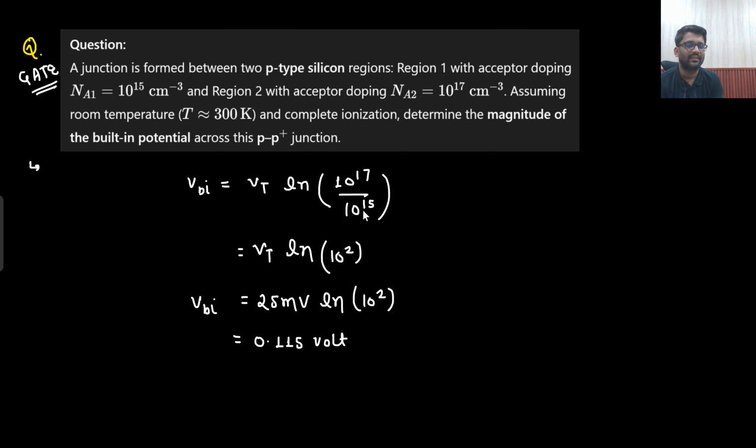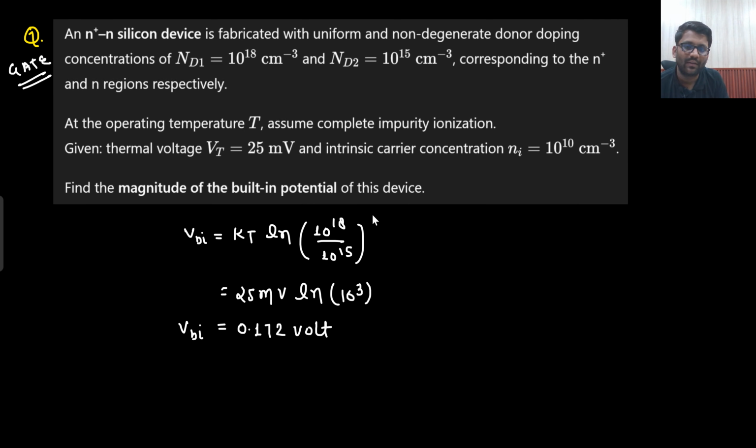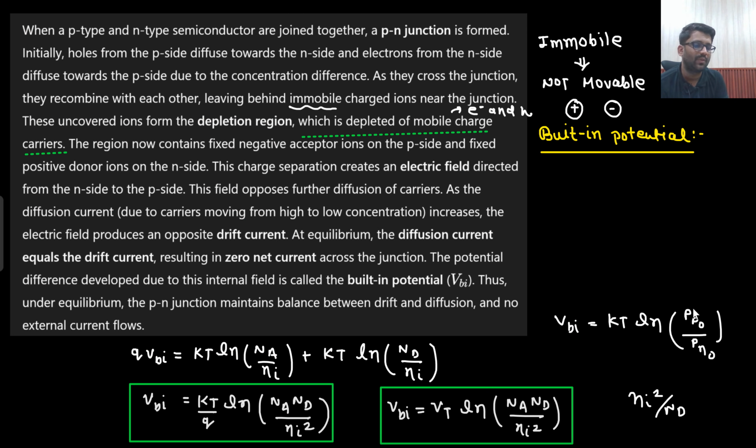This was also for holes, and this was for electrons, so this was also for electrons only. So higher concentration divided by lower concentration. Same thing I could have done with the other expression as well.